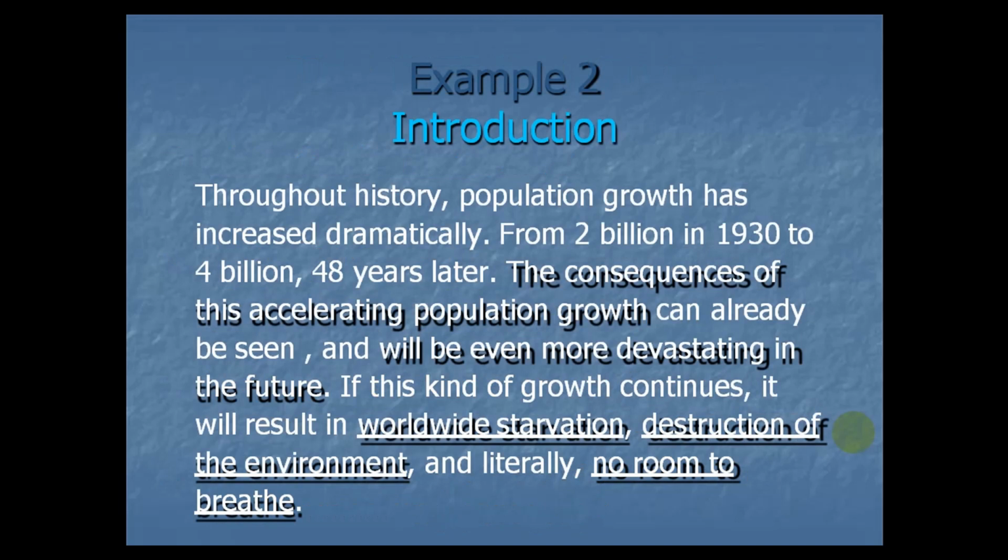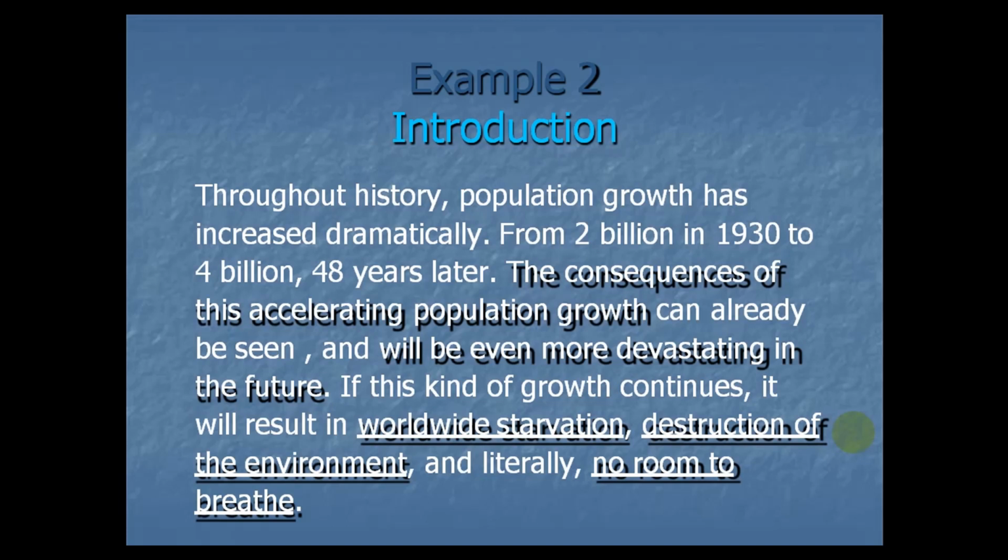Okay, let's look at the example of the introduction paragraph. The first statement should be the attention getter or attention grabber. Throughout history, population growth has increased dramatically from 2 billion in 1930 to 4 billion 48 years later. That is the attention grabber or attention getter.